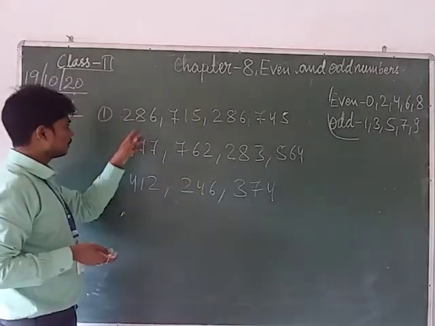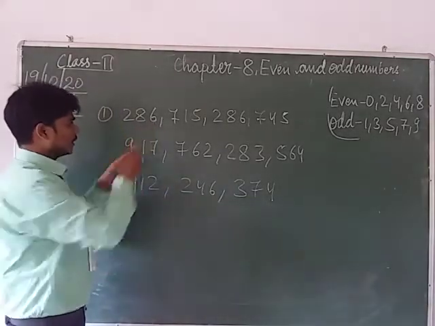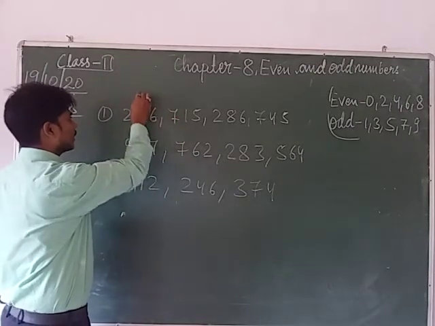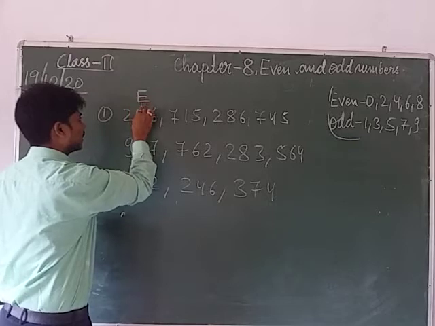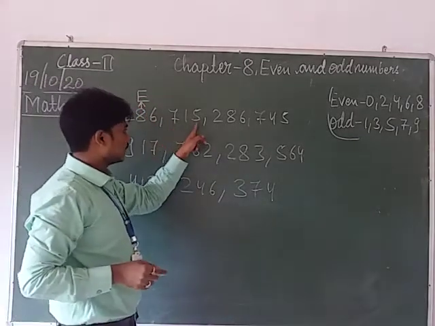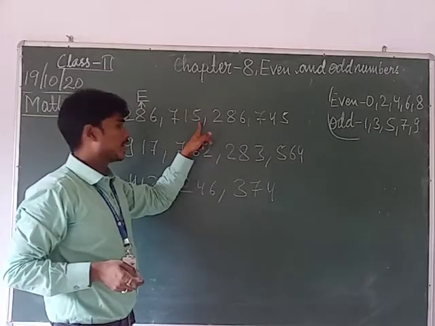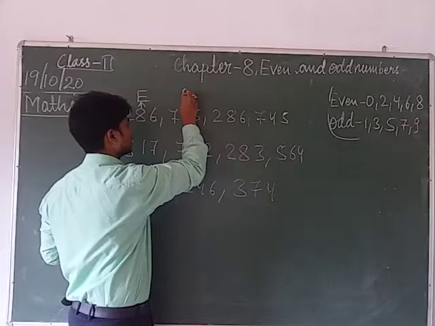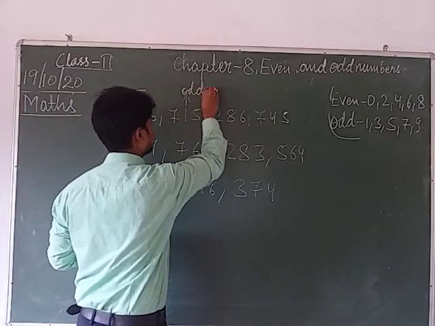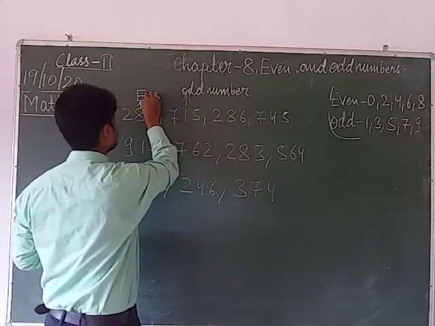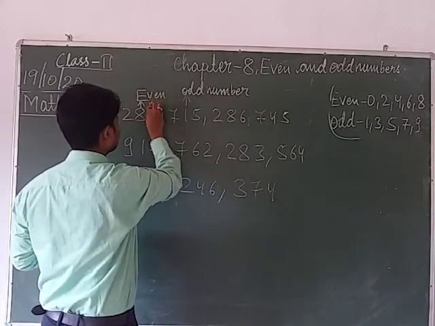Now see here, first number is 286. See the number in the unit place, that is ones place. Which number is in ones place? 6. So this is called an even number. I am writing in short, E means even number. Now see, the number in the unit place is what? 5. So this is called an odd number.